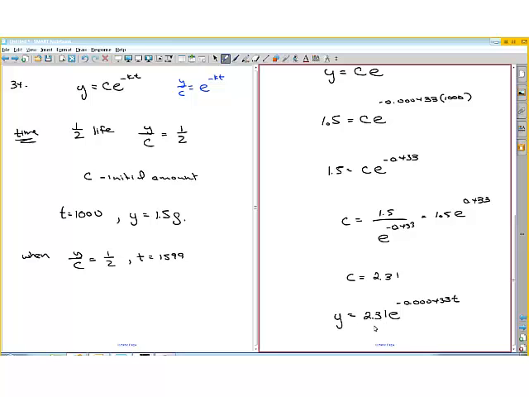So that's the equation. The two things we didn't know were the initial quantity, and c is the initial quantity, so it's 2.31 grams. After 1,000 years, it's 1.5 grams. So it decreases from this to that. It decreases to half of 2.3, which would be 1.15, after 1,599 years.